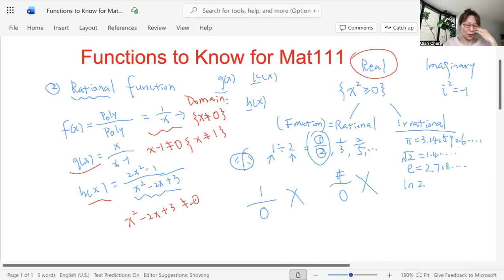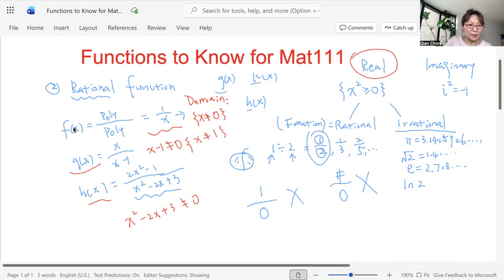Not to be 0, there are so many, so we just want to find its complement. Once we find the values that make it 0, the domain is all the x values except the ones that cause the denominator to be 0. So this is a rational function, which is a polynomial function divided by another polynomial function.